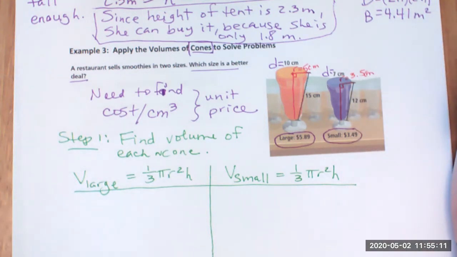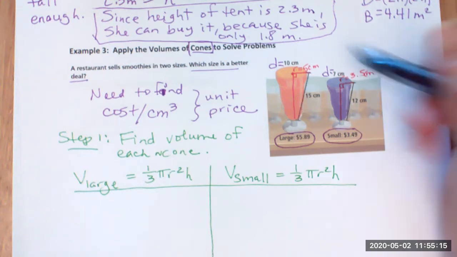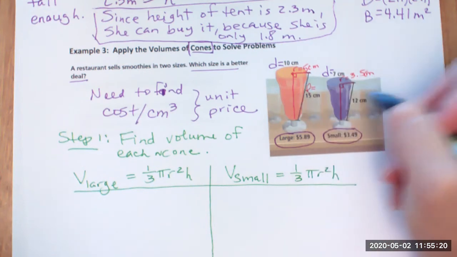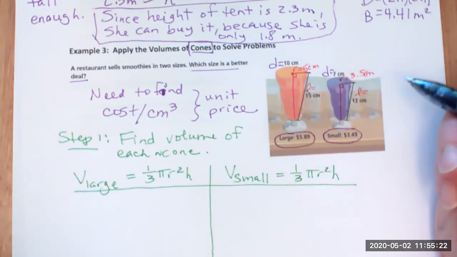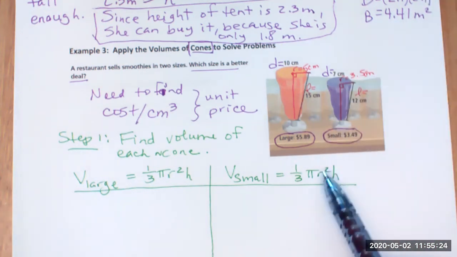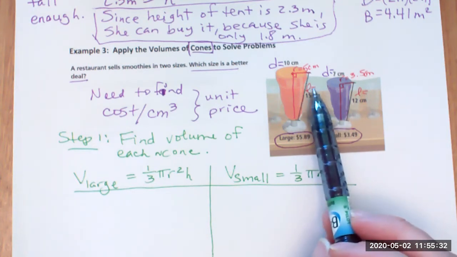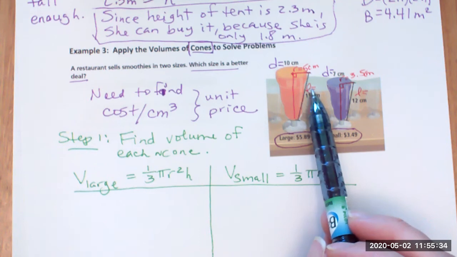Now we need to be really, really careful here, because in both of these cases, we are given the slant height of the cone. And nowhere in this formula are we using slant height. If we were looking at surface area of a cone, then we'd be using the slant height.